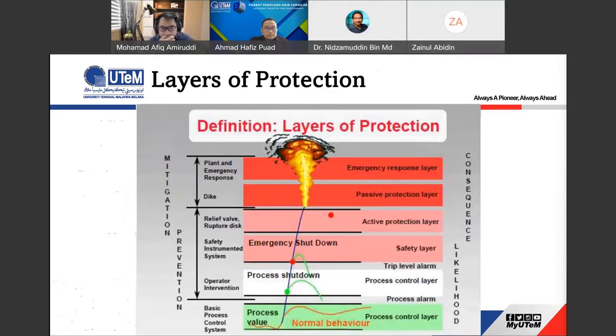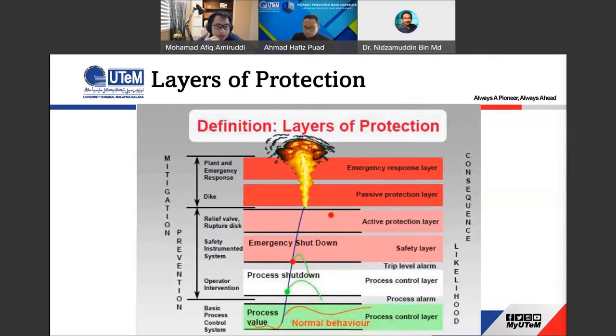Layer of protection starts from the basic process control system. As you know, we have DCS systems and SCADA systems. We want to control the process or normal behavior. Then we have some operator intervention. If the basic process control system cannot control the parameter, we go a little bit beyond with operator intervention, such as process shutdown and everything.